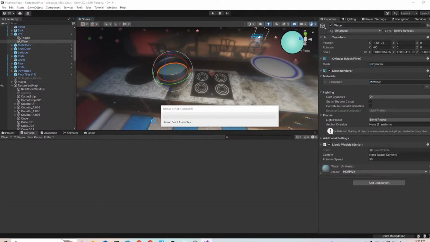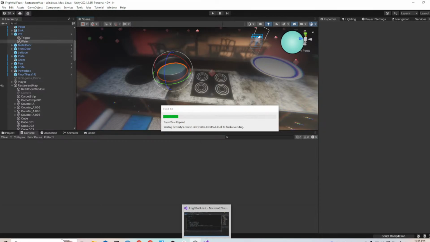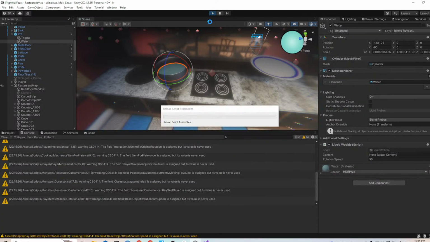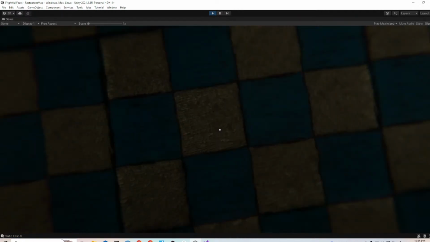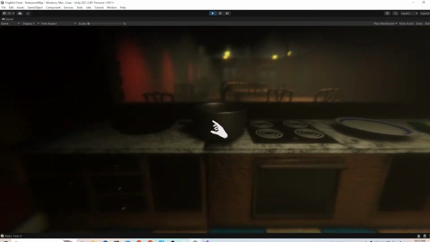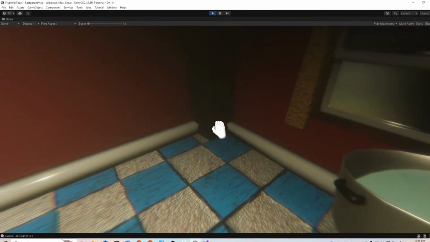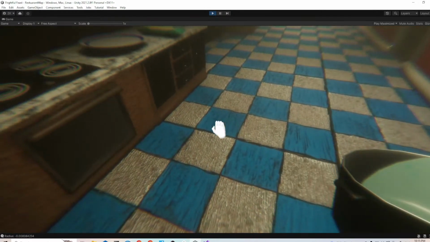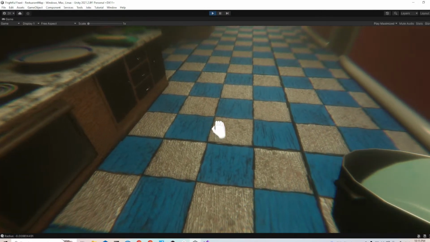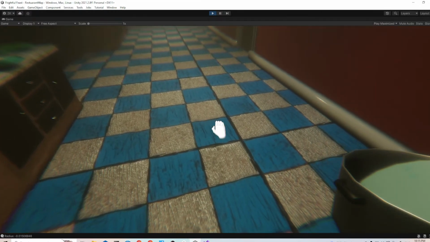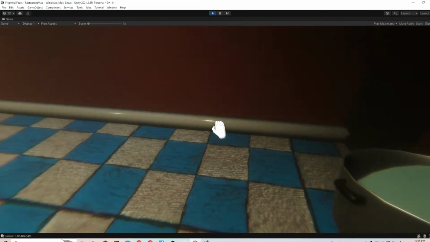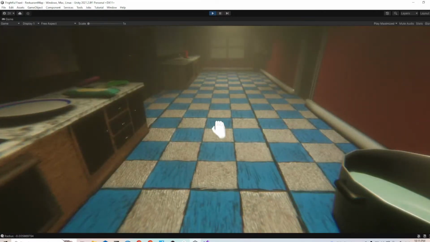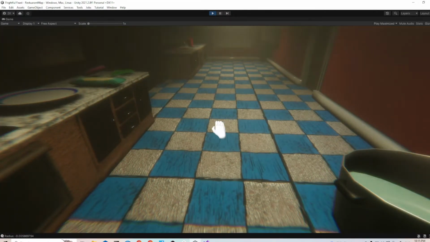So theoretically, that should change the radius based on the rotation, but I'm not sure yet. Fingers crossed. So it does seem to be increasing. I think that's good.